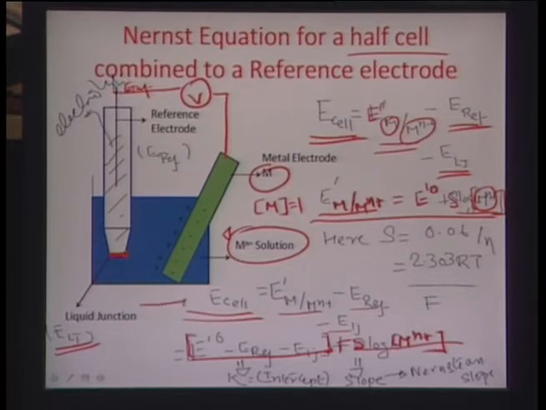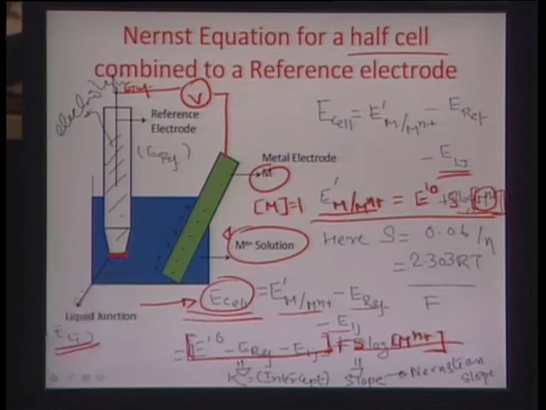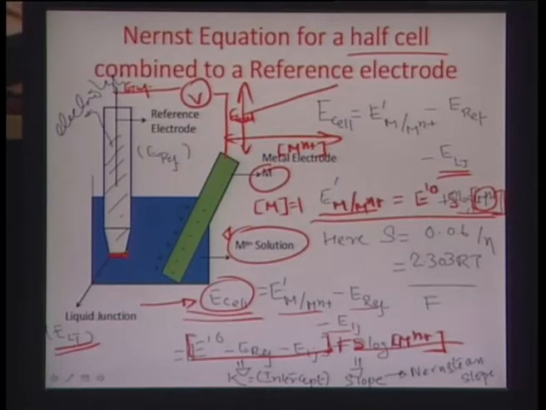Okay. So if you plot the E cell value with respect to the concentration of the oxidant M n plus, you get a straight line from this particular equation, y equal to m x plus c, m being the slope S, and c being E dash 0 minus E reference minus E LJ.